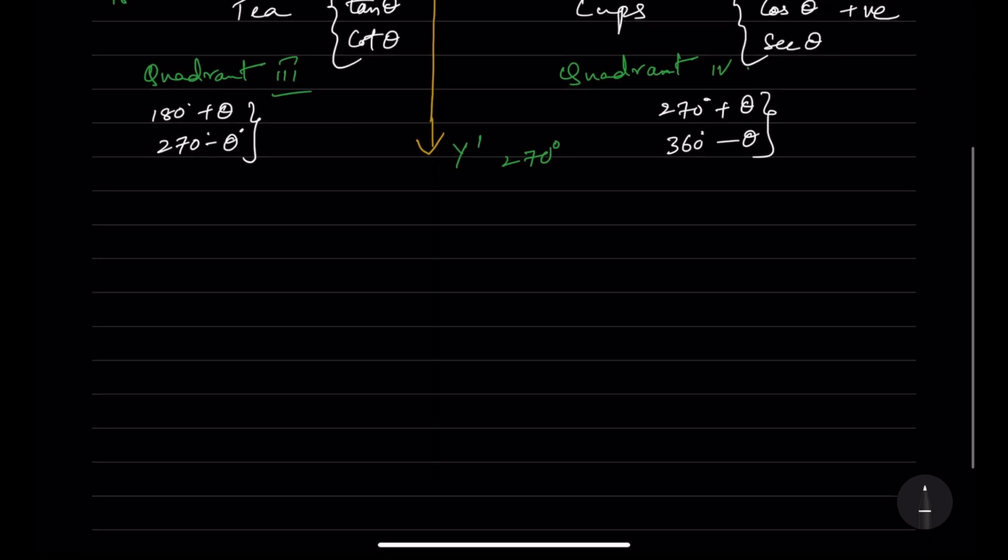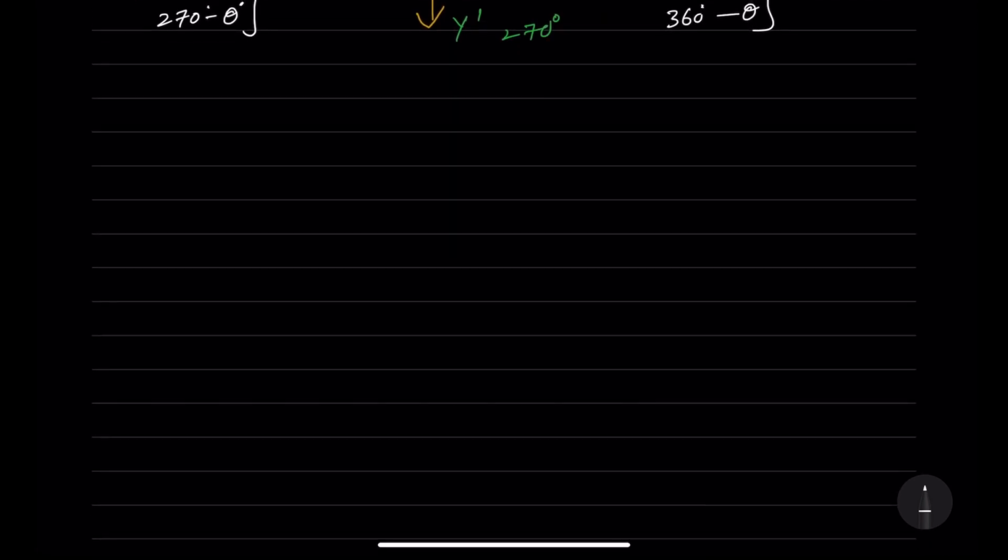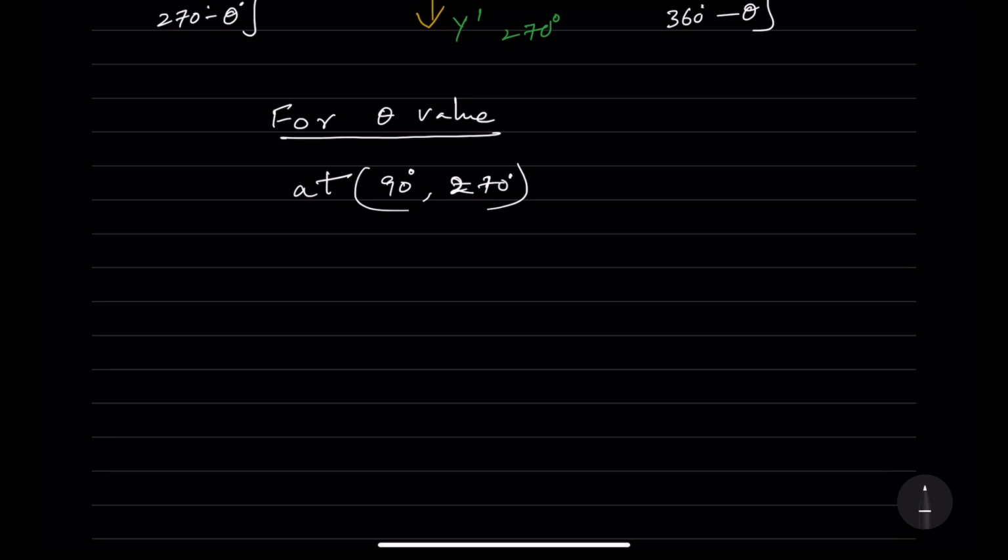For theta value, at 90 degrees and 270 degrees, what will happen here is all the trigonometric functions change. That means sin theta becomes cos theta and cos theta will become sin theta.